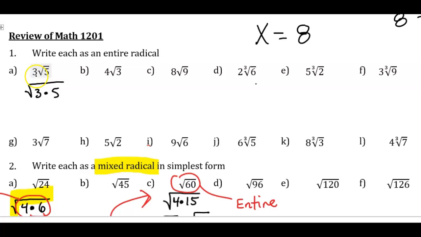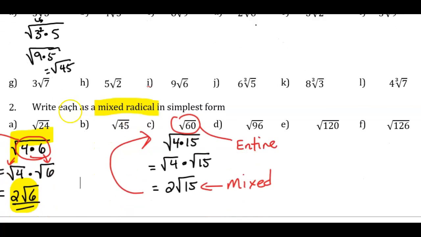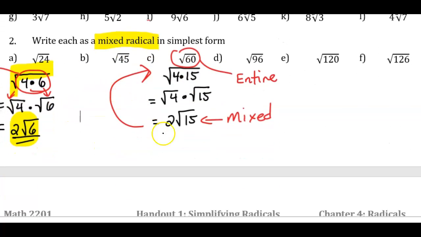Now, it's not so simple as just to put the 3 back underneath. You have to square it. So when you put the number back underneath, you're going to square it. It becomes 9 times 5, 45. And let's just look down here at what we've done before.